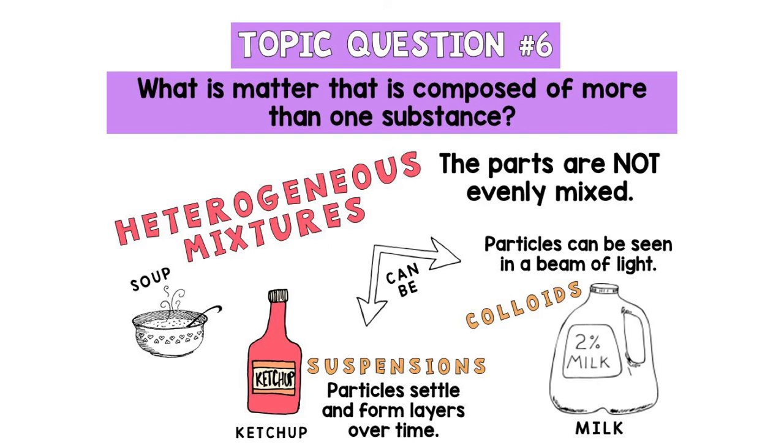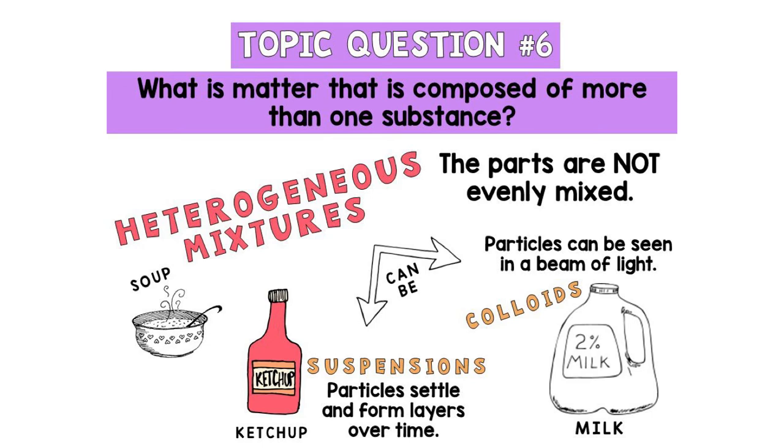Heterogeneous mixtures, on the other hand, have the parts unevenly mixed. So these are things like a chunky soup. And in this case, there are two different types of heterogeneous mixtures. One is a suspension, where the particles are all kind of mixed together, but if you set them out, they'll settle down over time and form layers.